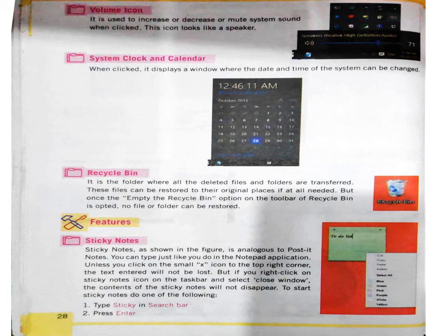Along with all these applications, there is also a feature called sticky note. The sticky note is a feature in which you often type something in an emergency or urgency, and suppose that by any means you minimize or close that window, all the notes you have written on it disappear.